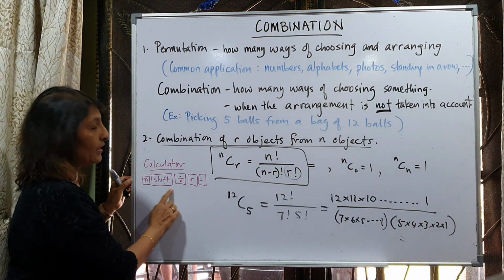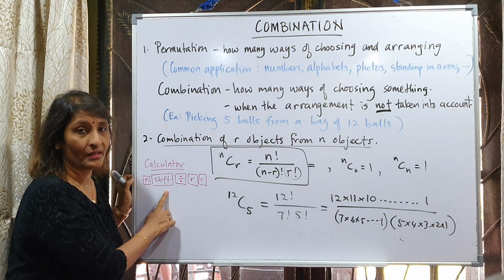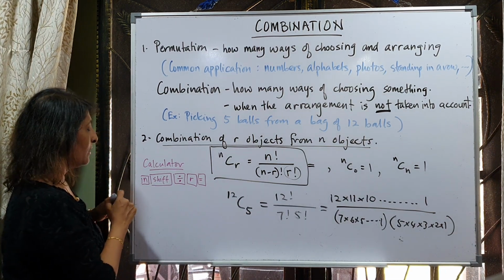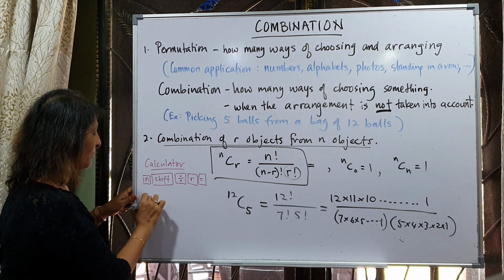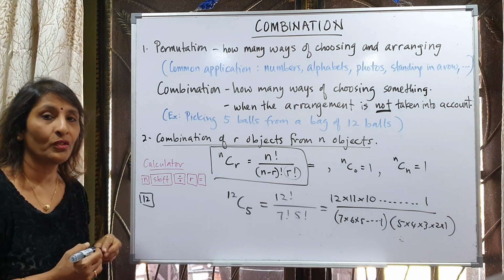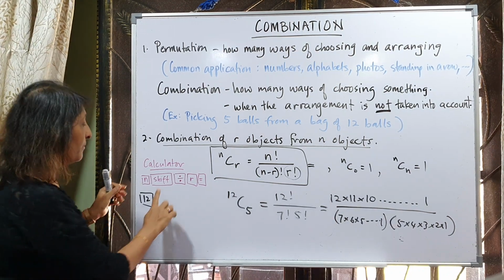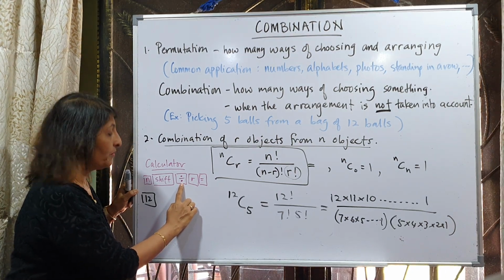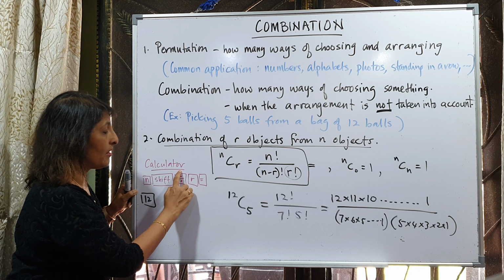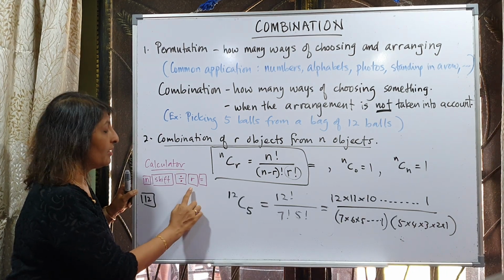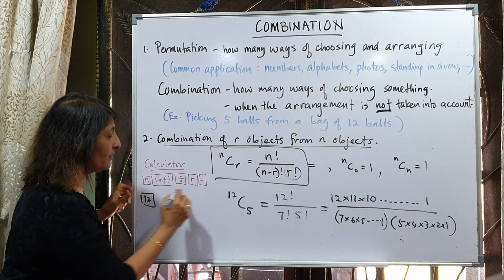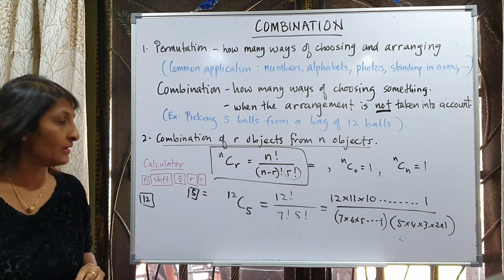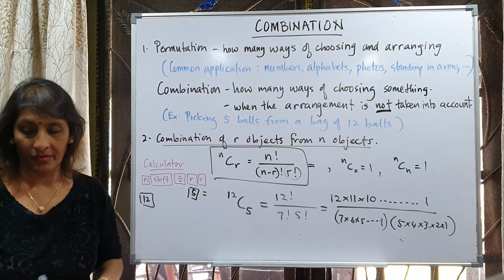You can use the calculator to do this question very easily. If you have a calculator, please take it out and try. 12C5 means you press 12 first. After that, you press the shift button, then the division button, because above that is the NCR. After that, press the 5, and equals, and you should get your answer. 12C5.